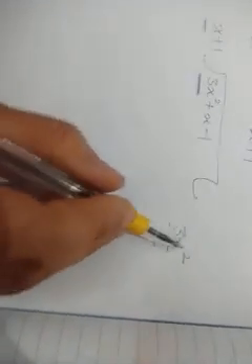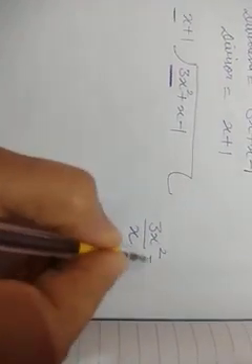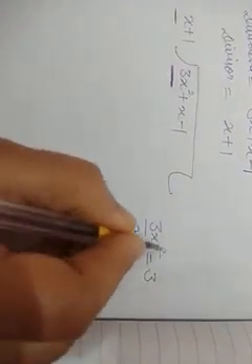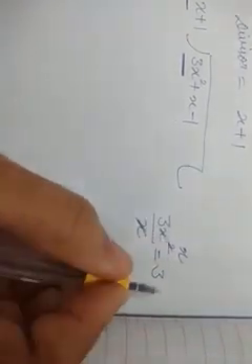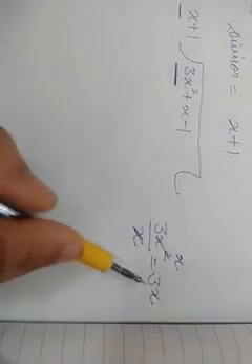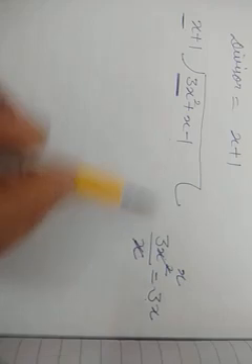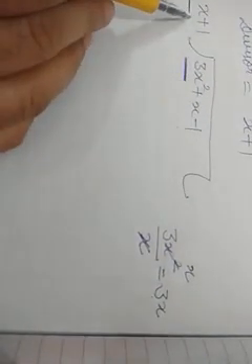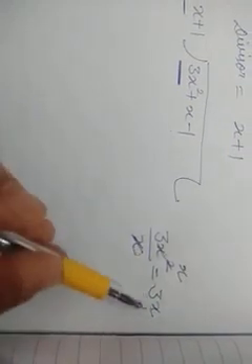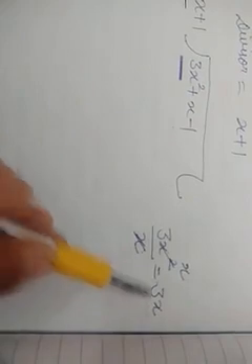When you divide 3x square by x, what do you get? 3x square upon x. x is cancelled by x square, then you will be left with 3x. This gives you the first term of the quotient. When we divide the first term of the dividend by the first term of the divisor, this gives you the first term of the quotient.